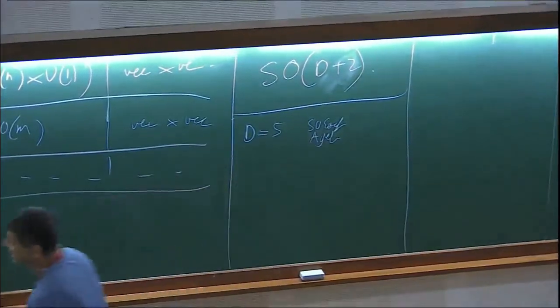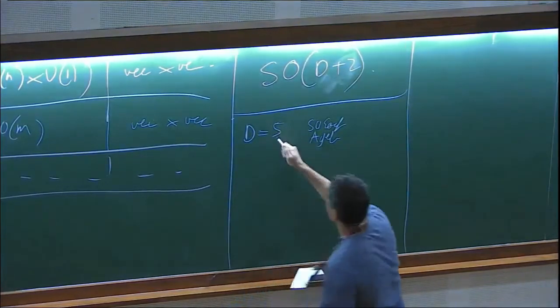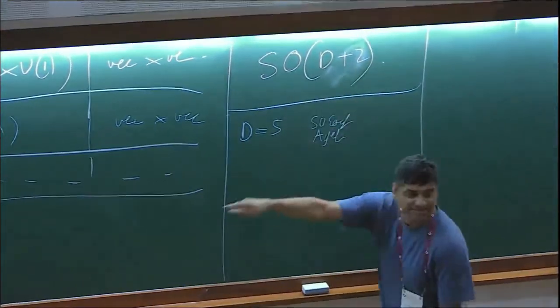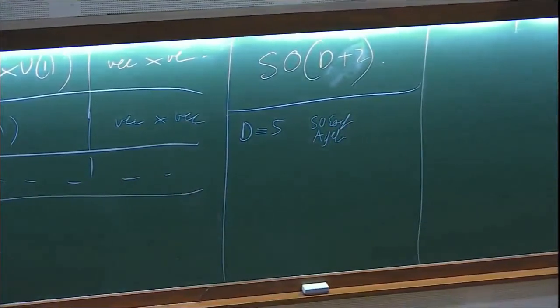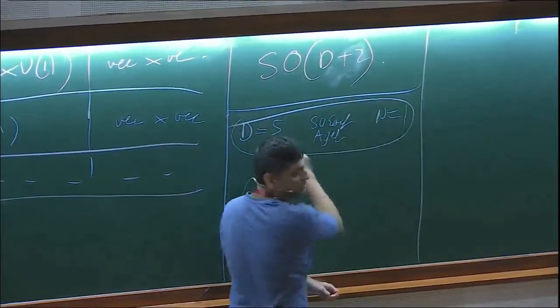This SU(2), we would have called it Sp(1) in our discussion from yesterday. If you go back to your notes, you will identify it as the R charge, with n=1. Where did I get D=5? Because I equated D+2 to 7, since this was SO(7). So D=5, n=1 superconformal algebra.